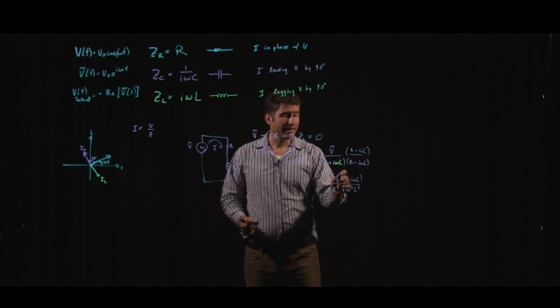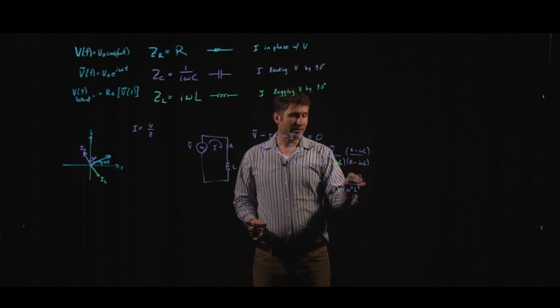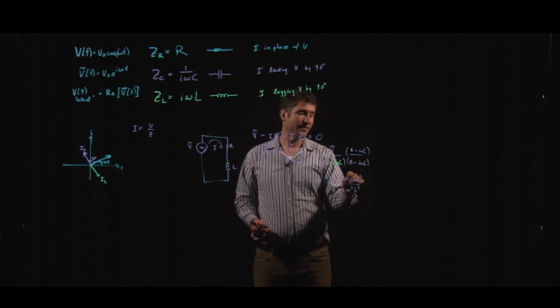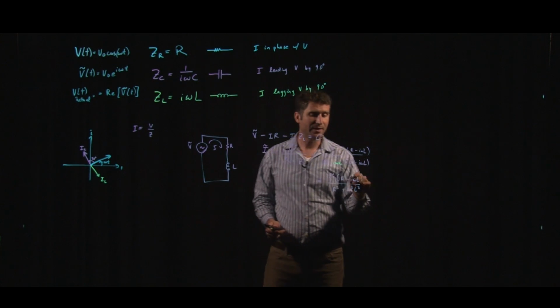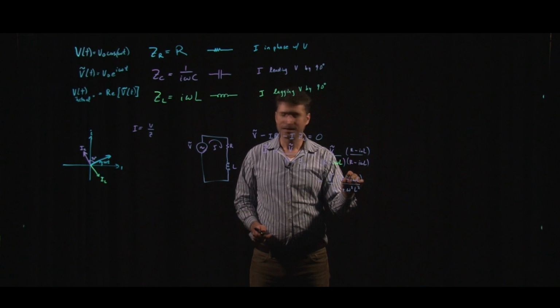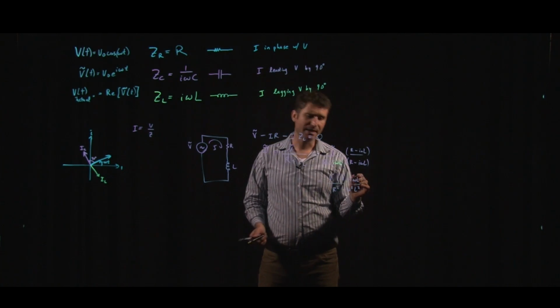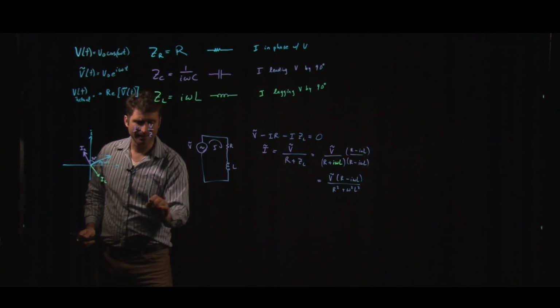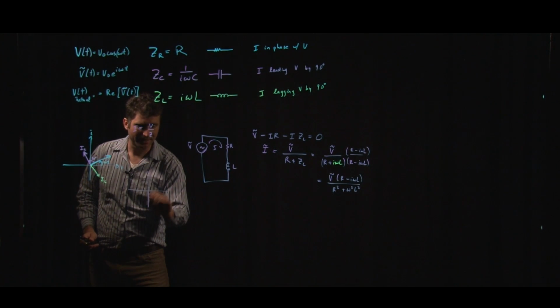And I can see here that there's going to be a part that's in phase, and then there's going to be a part that has a minus i omega L. Well, I know minus i is minus pi over 2, right?